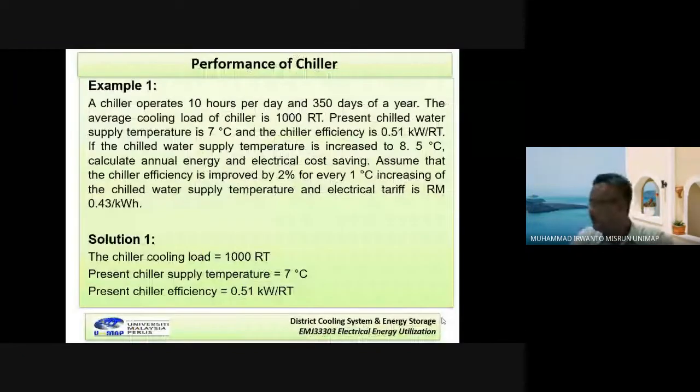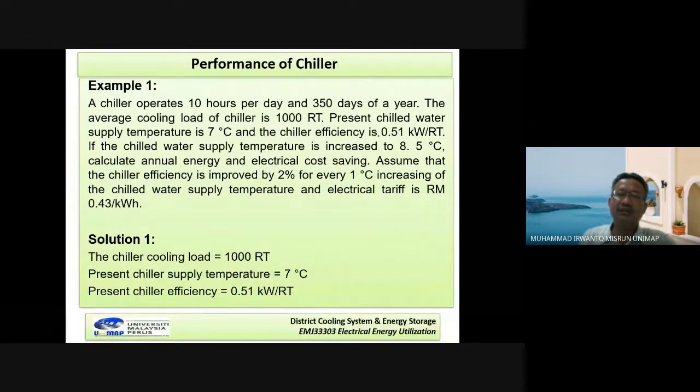Example. Okay, simple one. A chiller operates 10 hours per day and 350 days of 1 year. The average cooling load of chiller is 1000 RT. Present chill water supply temperature is 7 degrees Celsius and the chiller efficiency is 0.51 kilowatt over RT.